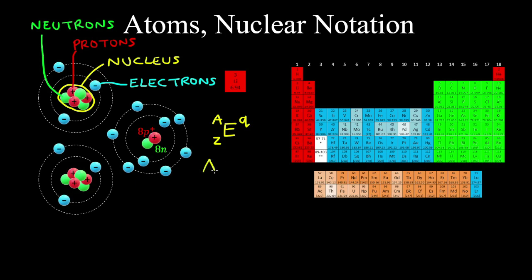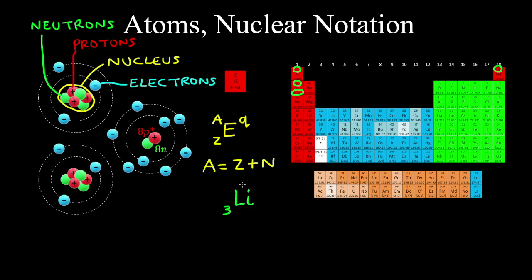So the mass number is equal to the number of protons plus the number of neutrons. So if you look at the periodic table, the different elements are ordered by the atomic number. So for example, lithium has an atomic number Z of 3 and an average mass of around 7.